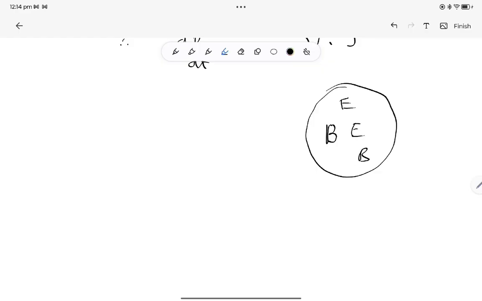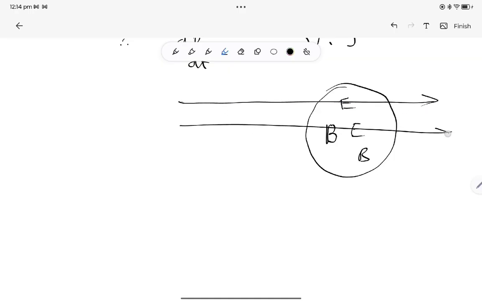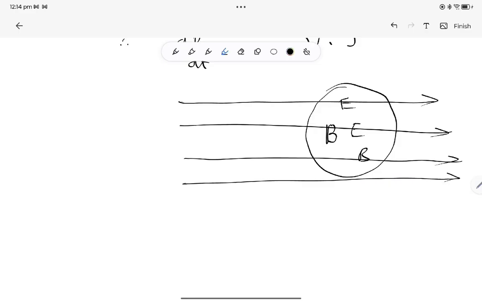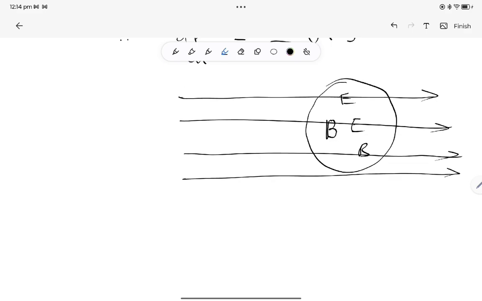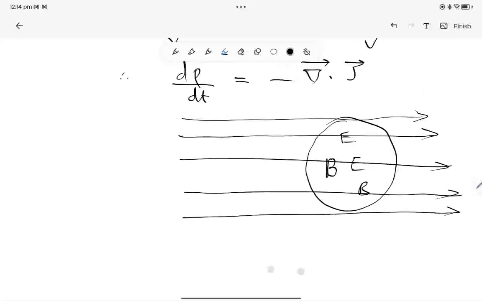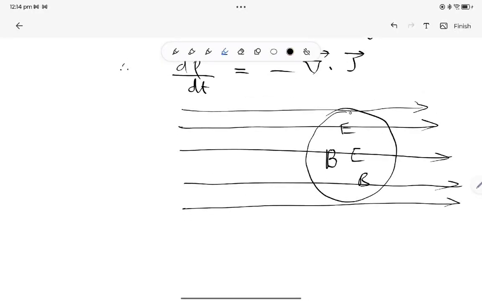Or an alternative way of thinking about them is that these are electric and magnetic fields of an electromagnetic wave that is passing through this region of space, filling it at any instant with its electric and magnetic fields.